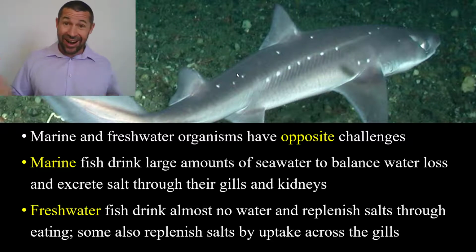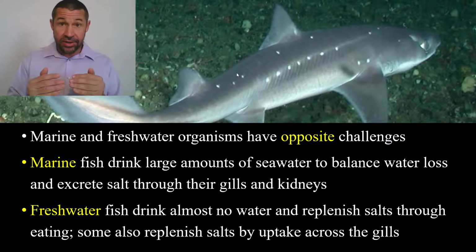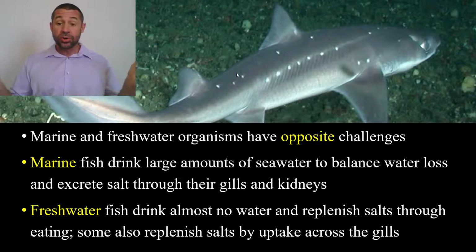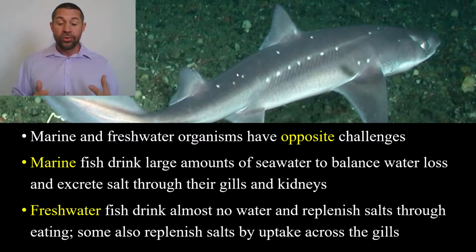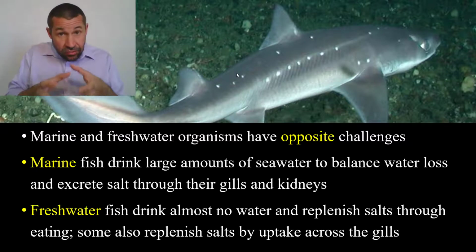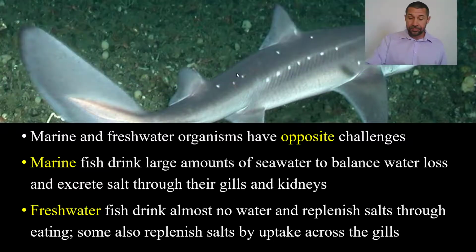Freshwater fish, they have the opposite problem. So as water moves across the capillaries in their gills, water is going to flow into the fish. They're always absorbing water through their gills as the freshwater fish is hypertonic relative to its environment.